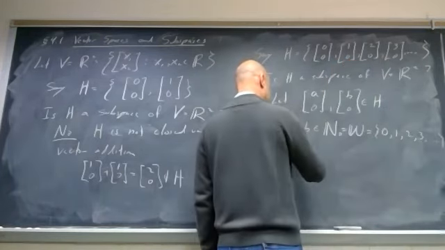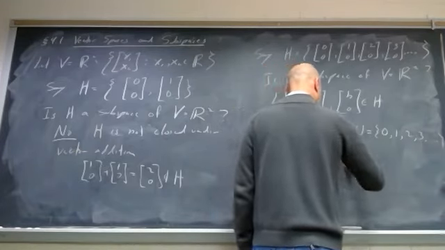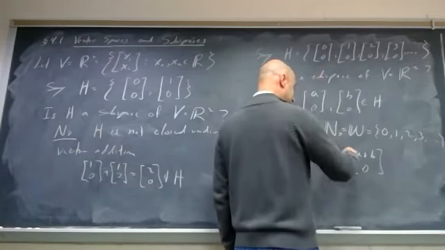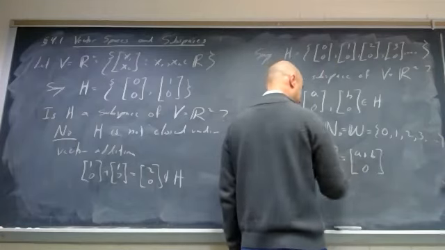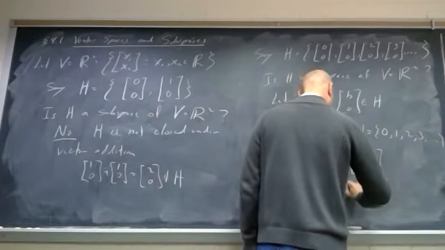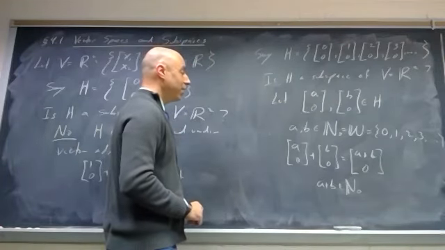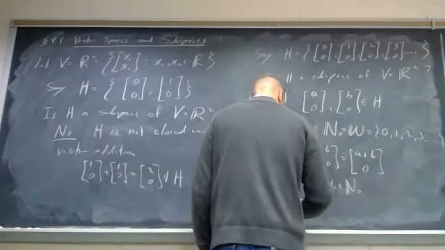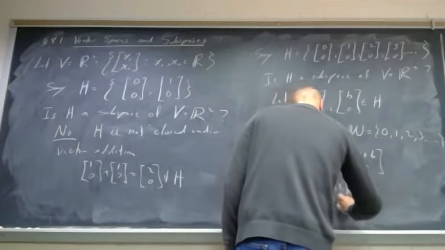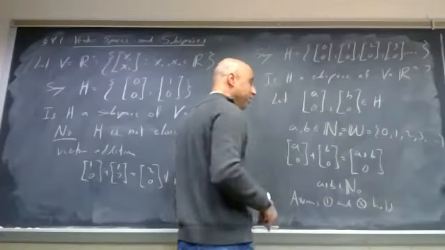And we know what happens if I add these two. (A, 0) plus (B, 0) equals (A plus B, 0). And if A and B are both whole numbers, then their sum is a whole number. So it's certainly closed under vector addition. So axioms 1 and 2 hold. The 0 vector is in there, and it's closed under vector addition.